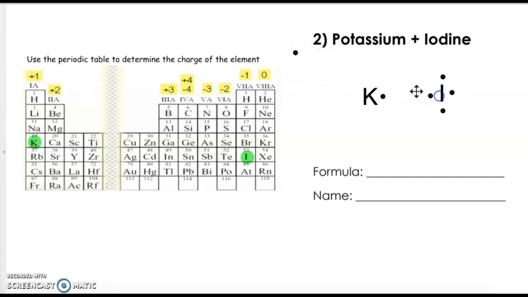Get in the habit of doing that so you're putting the dot structure correctly. And then you should show an arrow. It's easier to lose an electron than to gain 7. So potassium is going to give its electron to iodine.